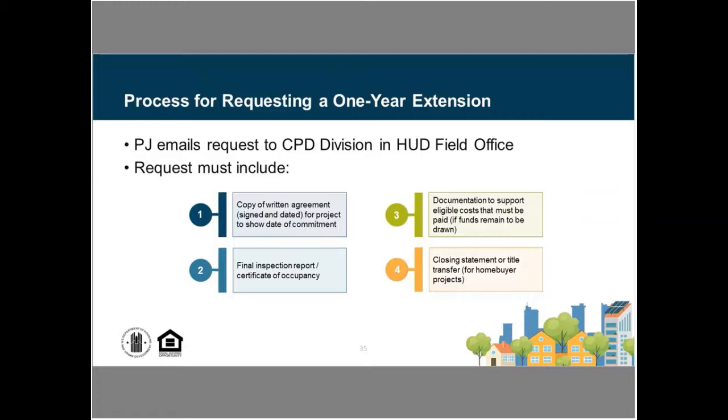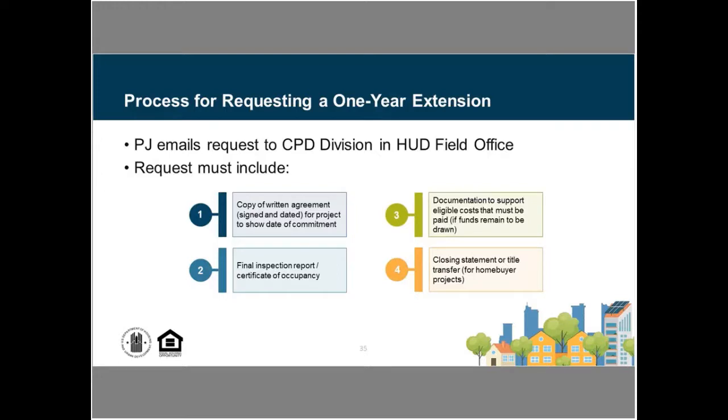And again, we're going to have the written agreement in place, the final inspection report, certificates of occupancy, so we're documenting that construction has actually been completed. If it's a homebuyer project, we'd be showing that closing statement, title transfer, to show that that transfer of property has actually happened.